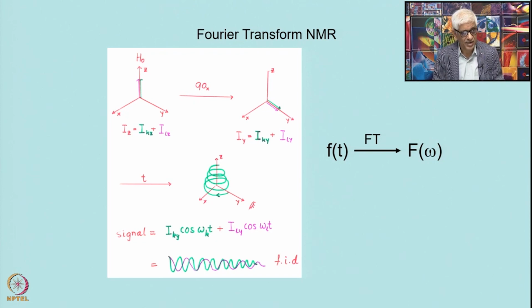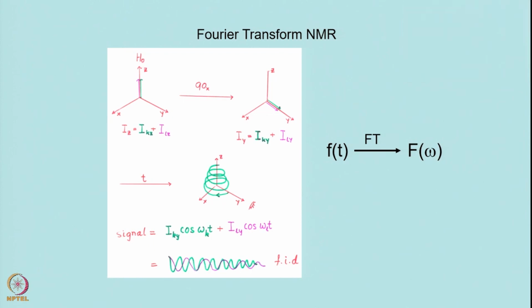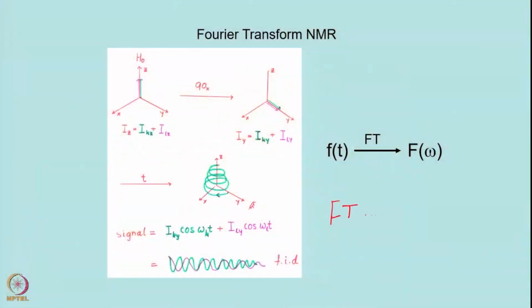And what does that mean? That means that you can actually collect these scans several times and Fourier transform once. That is an important factor here: the Fourier transform is a linear operation.